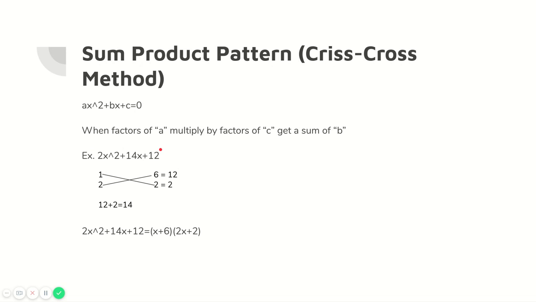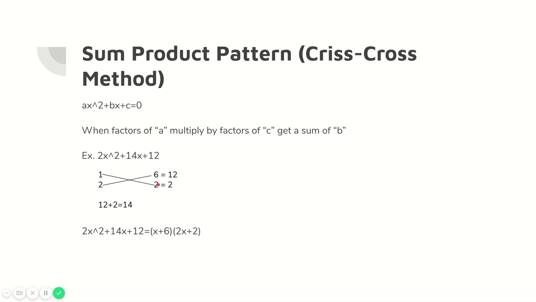So let's say you have the example 2x squared plus 14x plus 12. So firstly, we will find the factors of a and factors of c that can get a sum of b. So some factors of 2 would be 1 and 2, and then factors of 12 would be 6 and 2.